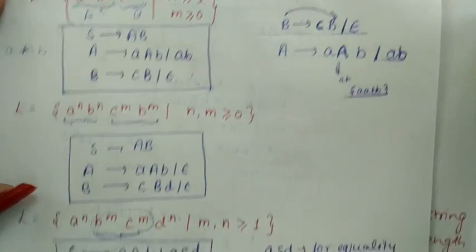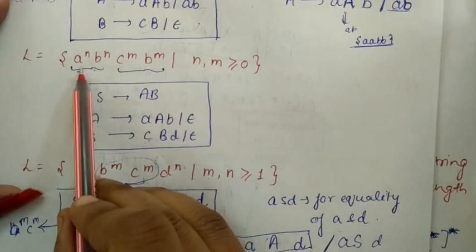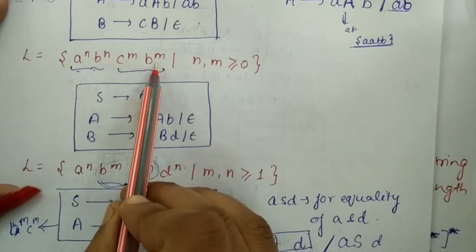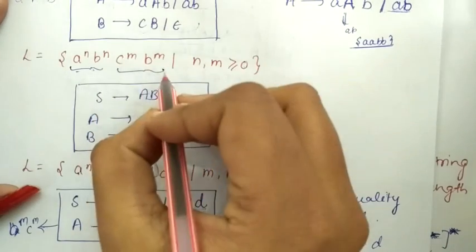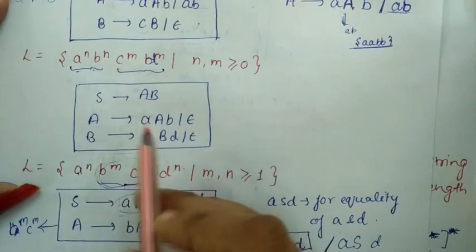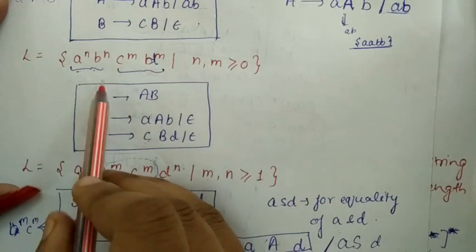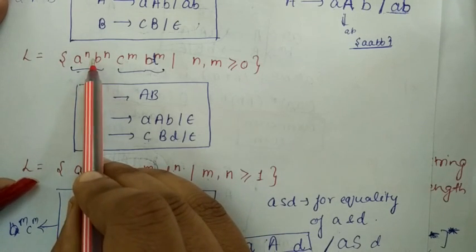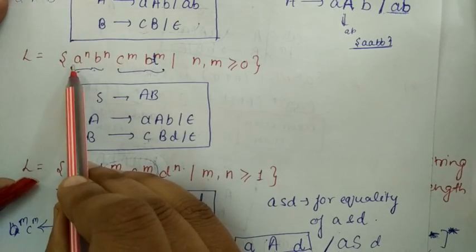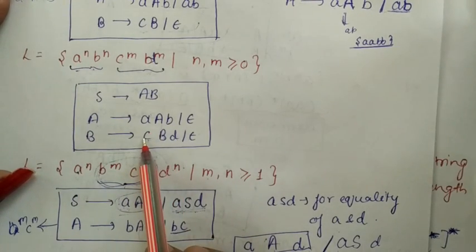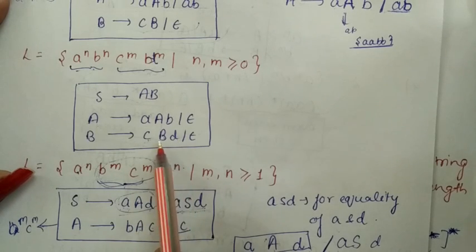Now the next question is A and B are same and C and D are same. Sorry, this is D. Now we will take A and B, and we will take the repetition of that symbol in between, so that it can generate equal number of A and B. That's why we have written like this, and we can take equal number of C and D like this, and we will take the repetition of B in between.